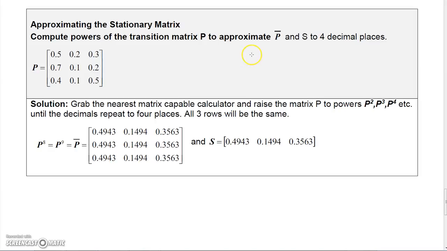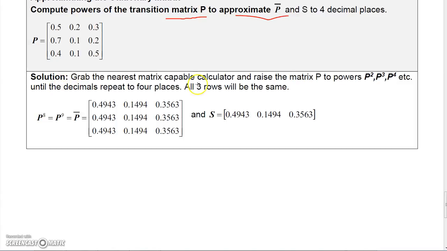The last thing I want to show you is that we could raise the transition matrix P to powers until we find the limiting matrix. So if we take this matrix P, notice all the rows add up to 1, and raise it to different powers. I squared it, then I cubed it, then I raised it to the 4th power, and so on.